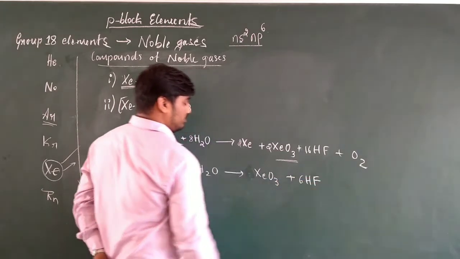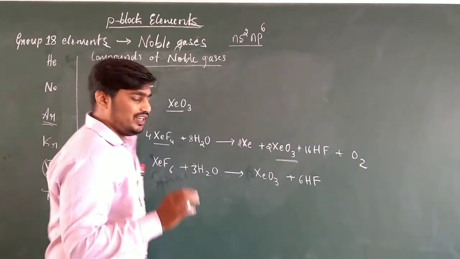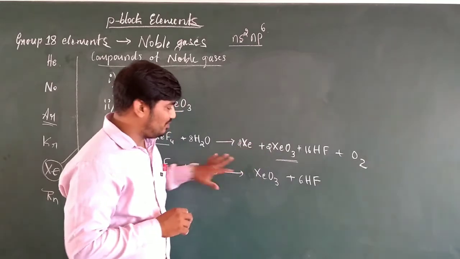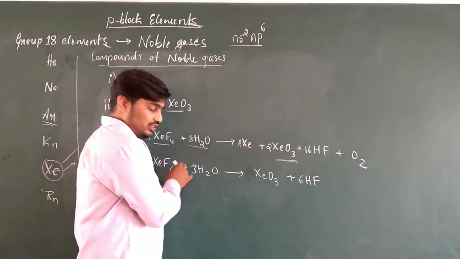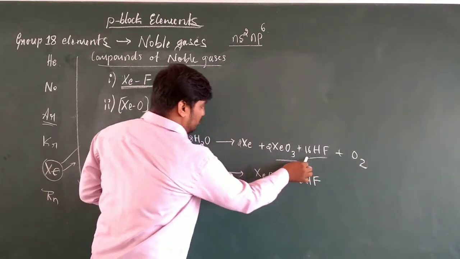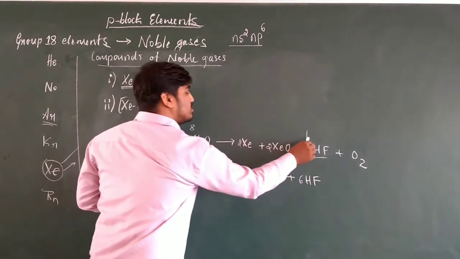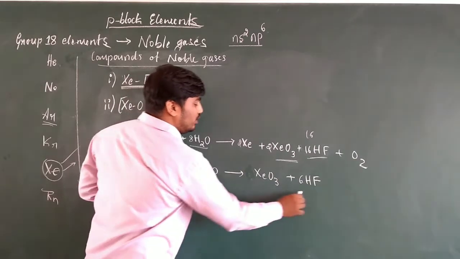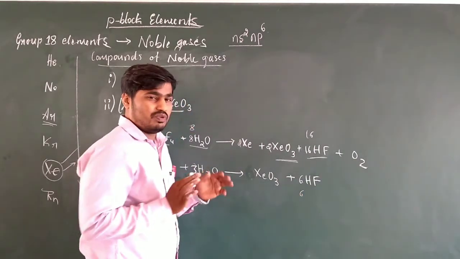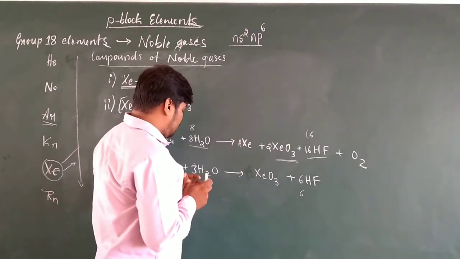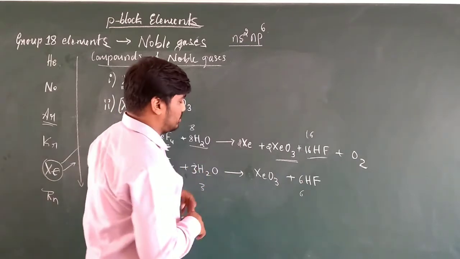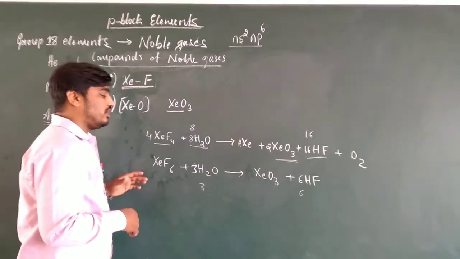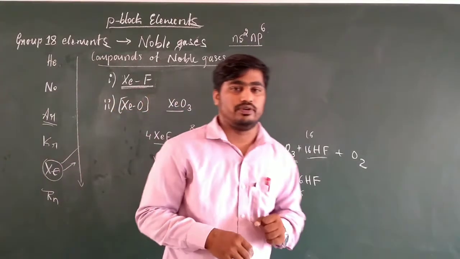The very important thing in this type of reaction is that double the quantity of water taken is the number of HF formed. Here 8, here 16, here 3, here 6. This is a small trick to remember the reaction. These two are very important reactions for your exam point of view.